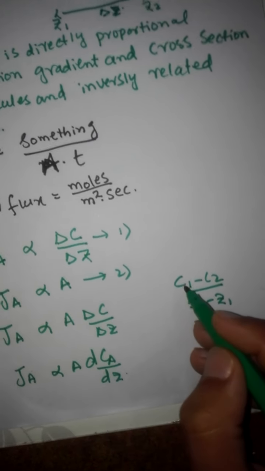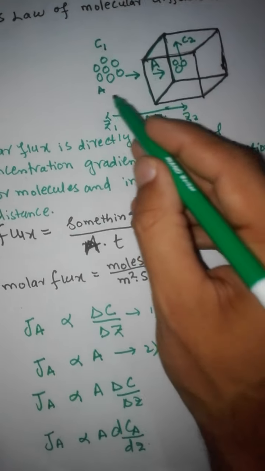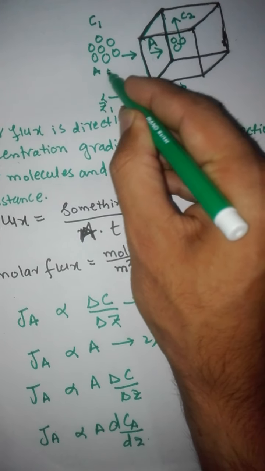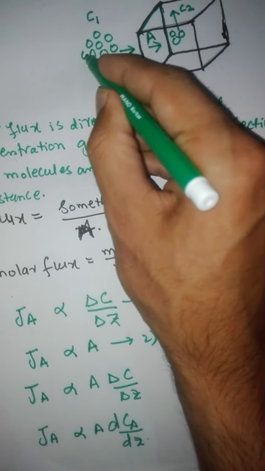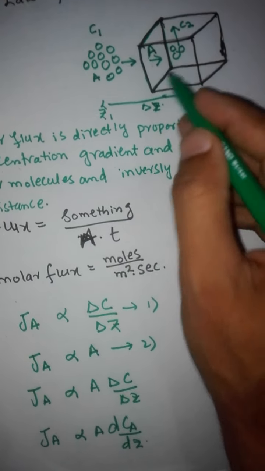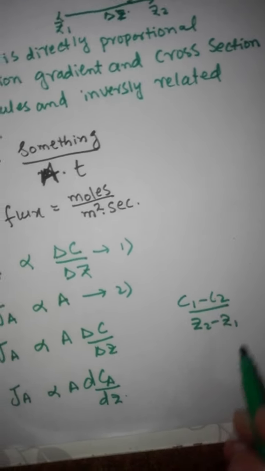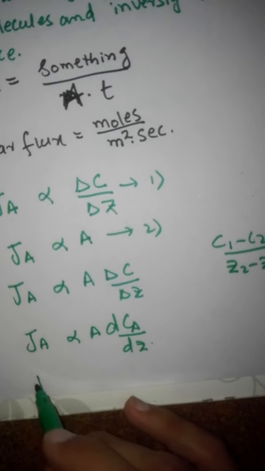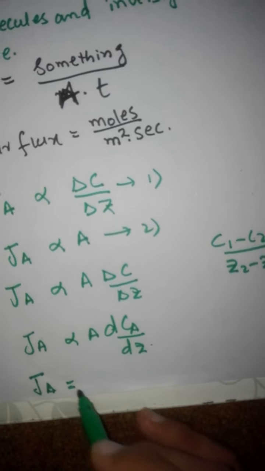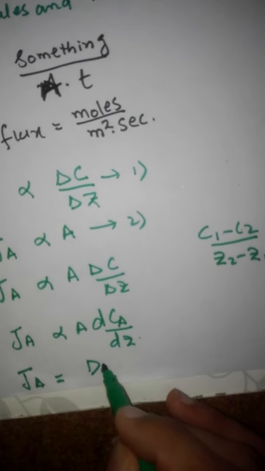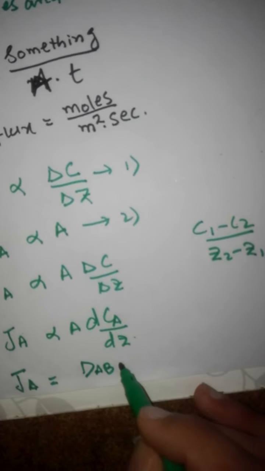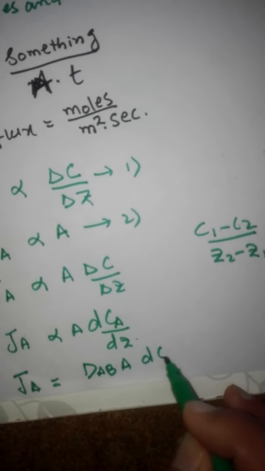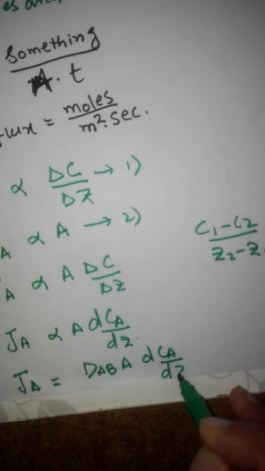Finally we remove the proportionality constant and put DAB, which is a constant, into the cross-sectional area, into dCA by dZ.